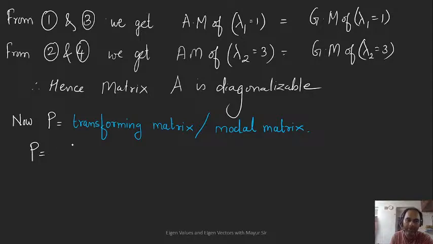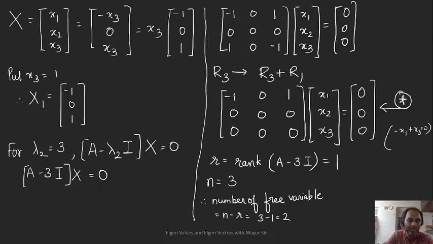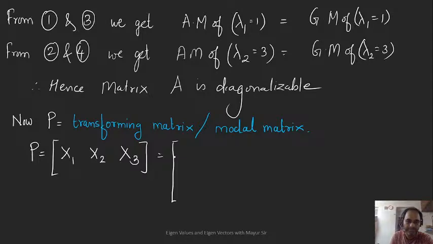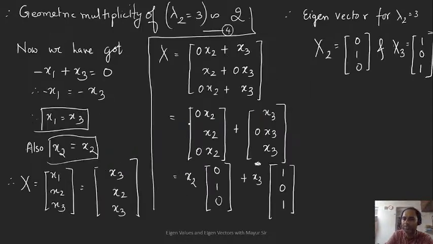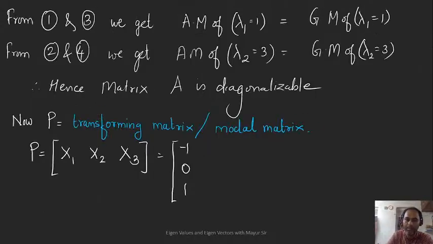So P is formulated as capital X1, capital X2, capital X3. Capital X1 was -1 0 1, capital X2 is 0 1 0, and this is 1 0 1.